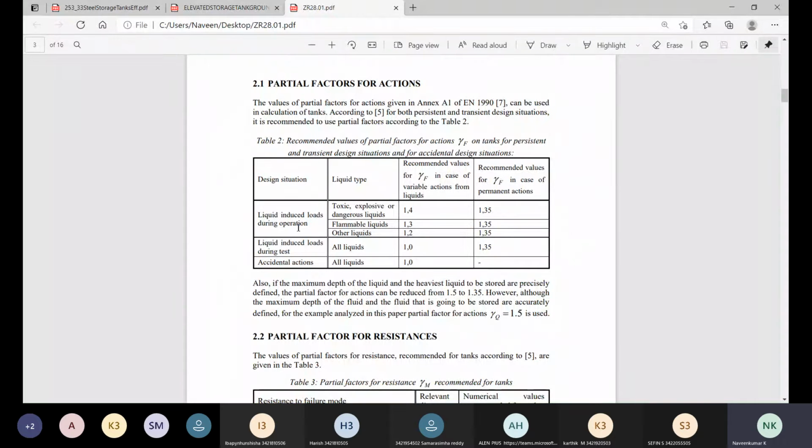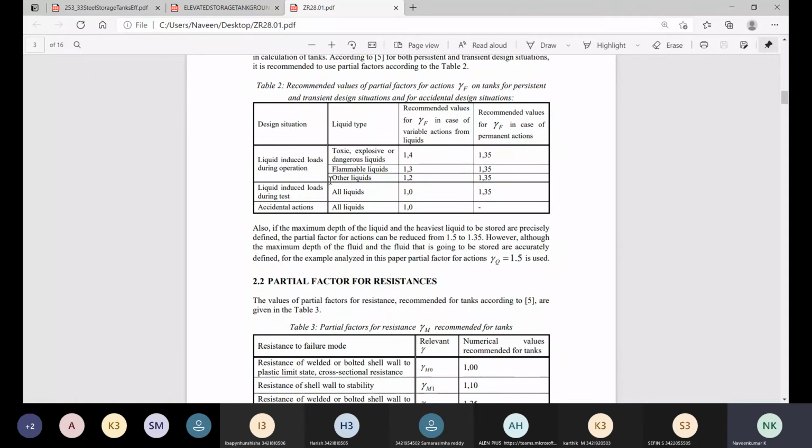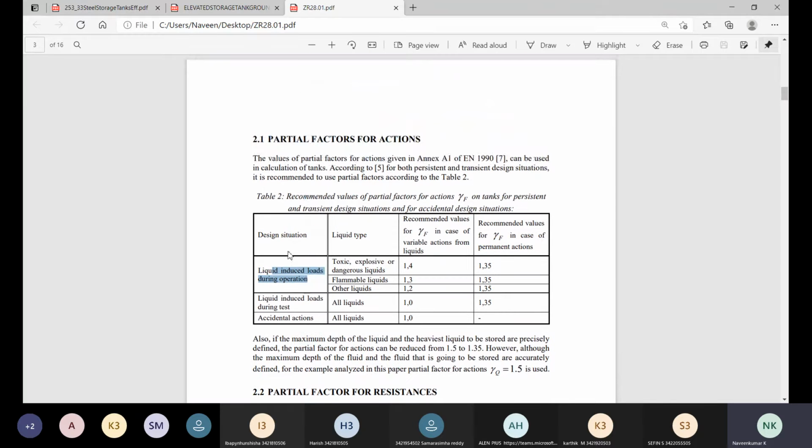Similarly, the tank is meant for storing any kind of liquid, so what kind of liquid is it going to store? This is the induced load during operation, when water or any liquid is loaded in the water tank.